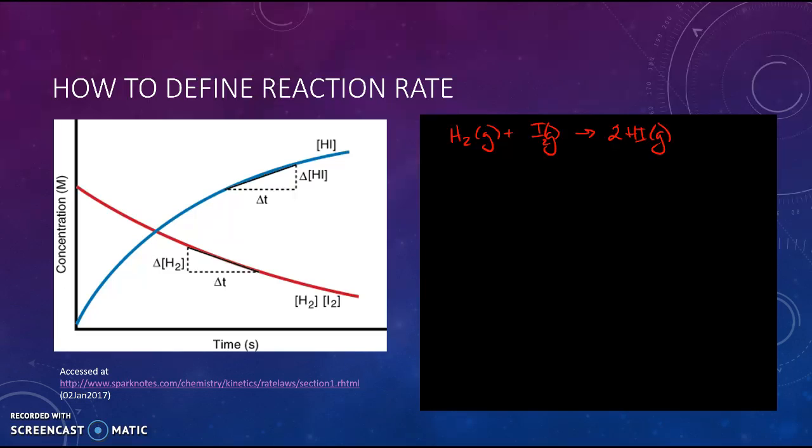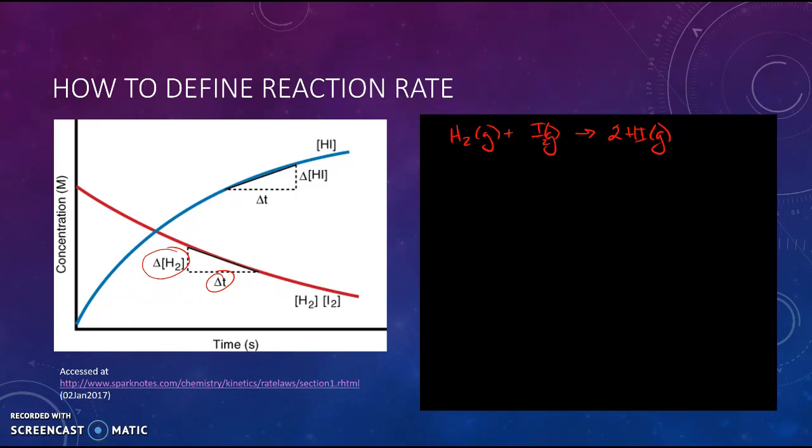But again, looking at this idea of a rate of reaction, how we can quantify that rate, we can say that if we plot concentrations versus time, then for every substance in this reaction, we can think about how its concentration is changing in a given amount of time. We'll define that as the rate of reaction.